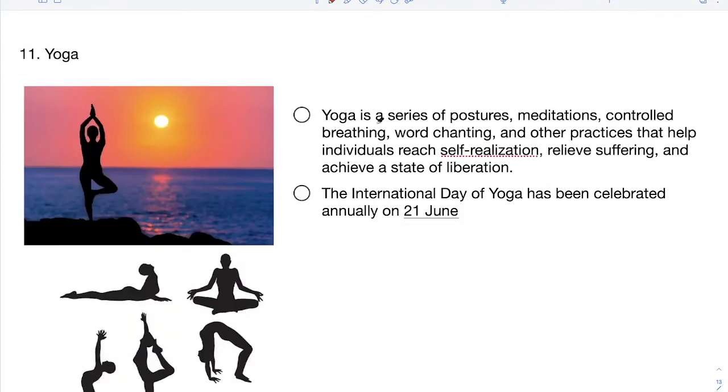Next one, yoga. Yoga is a series of postures, meditations, controlled breathing, word chanting and other practices that help individuals reach self-realization, relieve suffering and achieve a state of liberation. That is yoga.